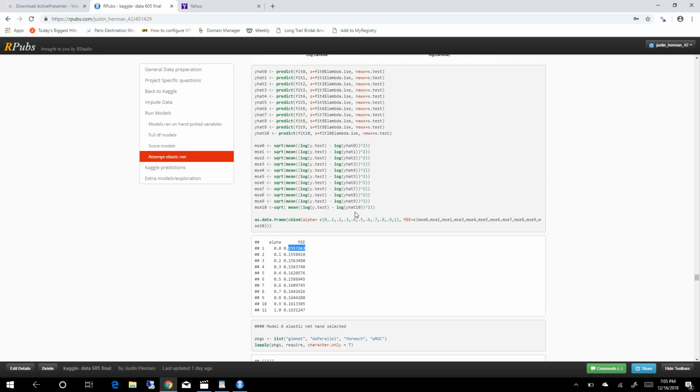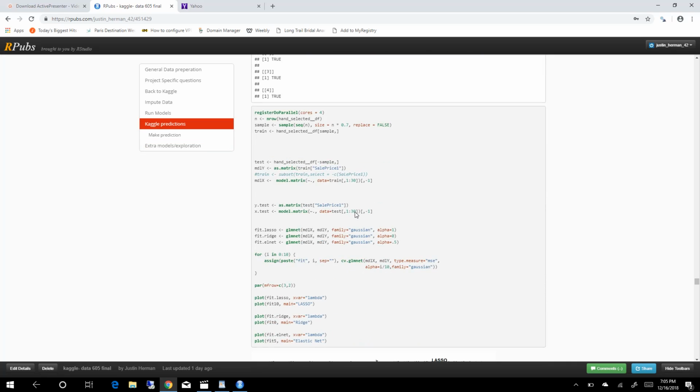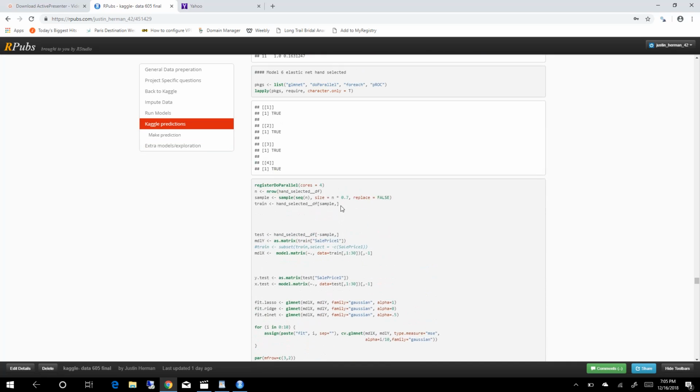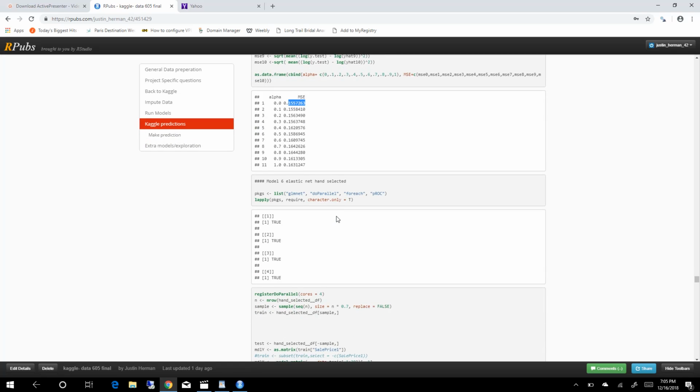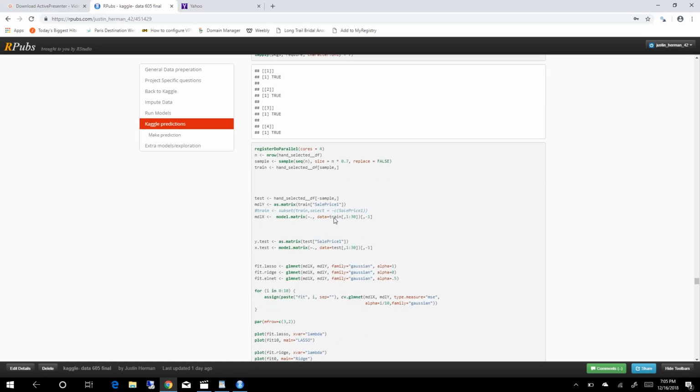So I decided, whatever, for the Kaggle project, let's go, let's predict. And I just plugged in the model with pretty much all of the variables in it that was not backward selected, and I used that to predict.